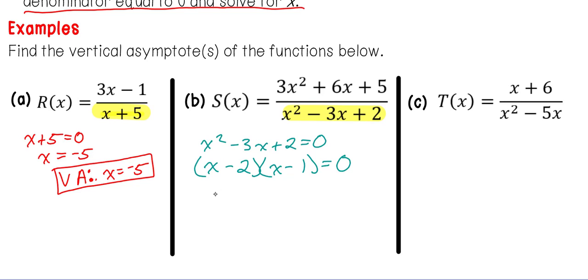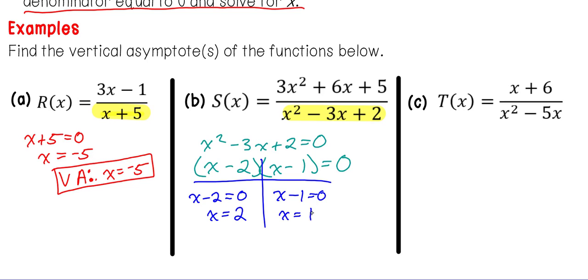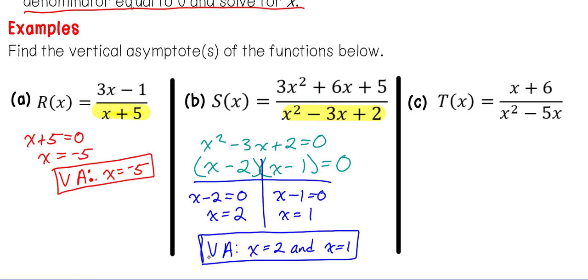So if we take x minus 2 equals 0, x equals 2; x minus 1 equals 0, x equals 1. In this case, we have two vertical asymptotes, at x equals 2 and x equals 1. So there are two times that the graph is not going to cross these lines.